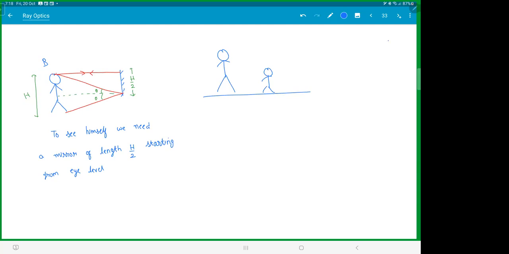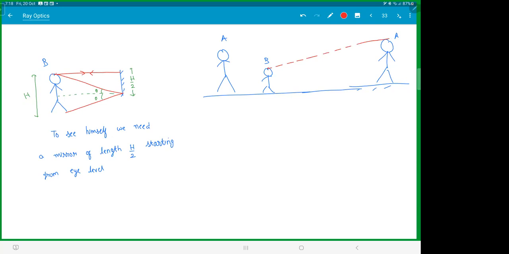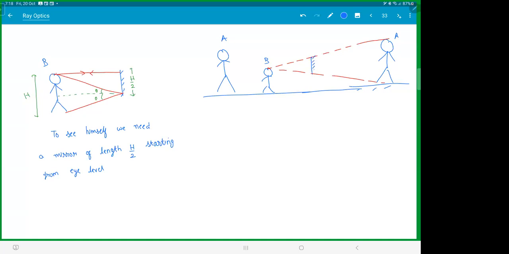You're looking at the image of A. The mirror is somewhere here, and this is the image of A. So B is actually looking at the image of A. Now, if you look at this triangle here, this is 2h, so this also will be 2h.